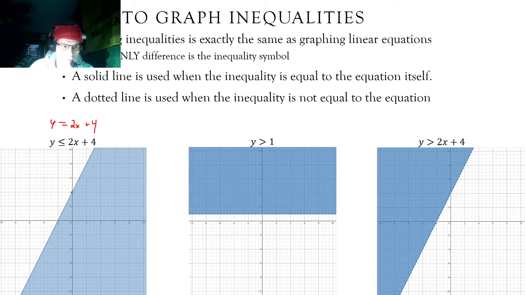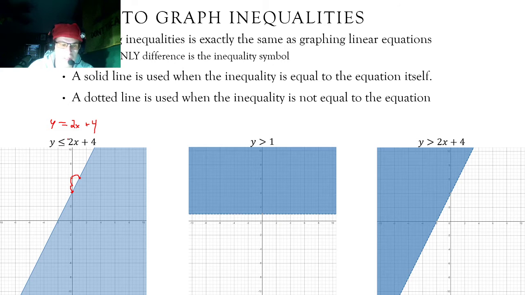So my y-intercept is 4. I go up 2 over 1, and I have my line, okay? So my line is 2x plus 4 here, okay? So that is the same. You still graph the line as you normally would.